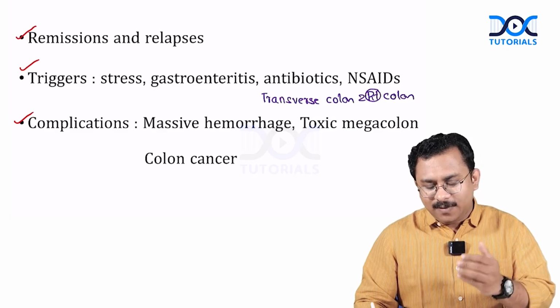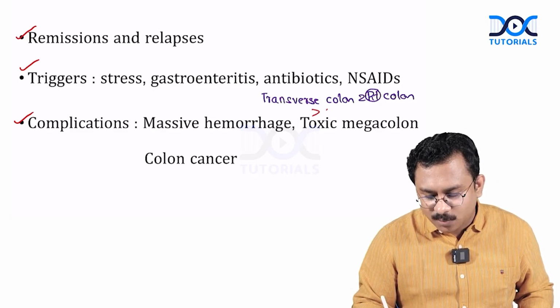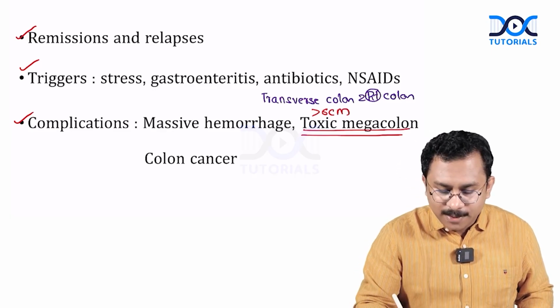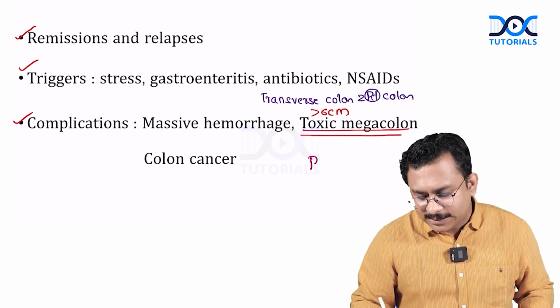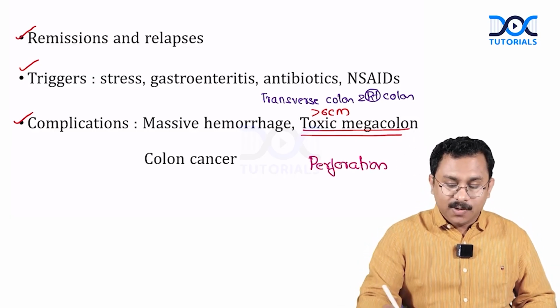So when the diameter of the transverse colon or the right colon exceeds more than 6 centimeter, it is called toxic megacolon. And toxic megacolon carries a risk of perforation as well.